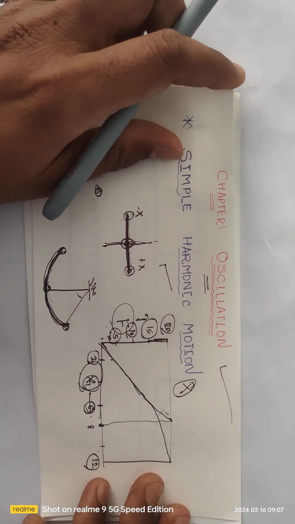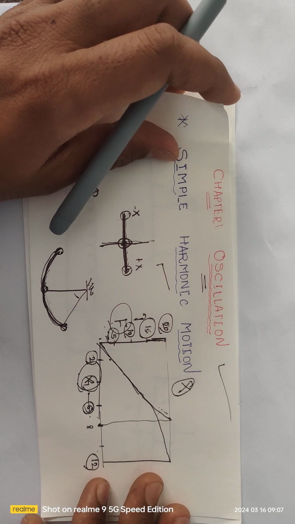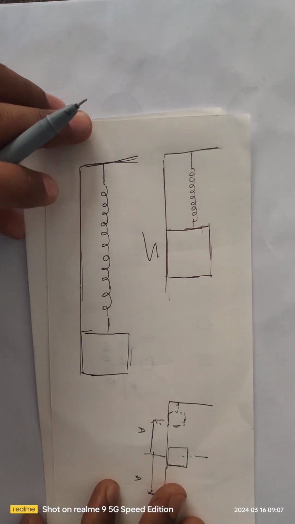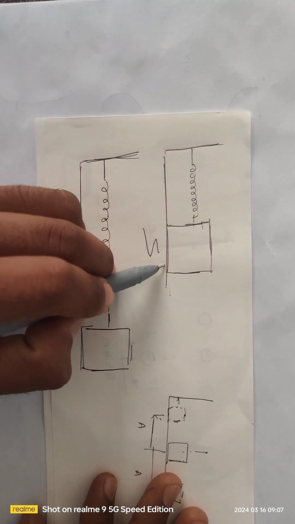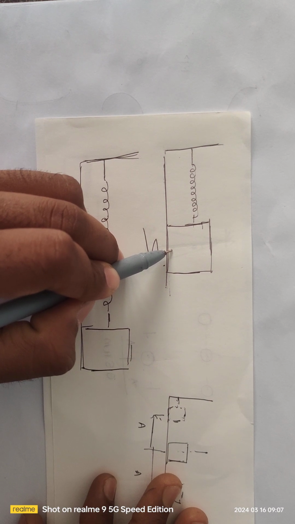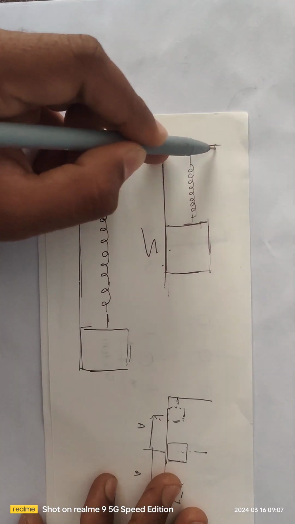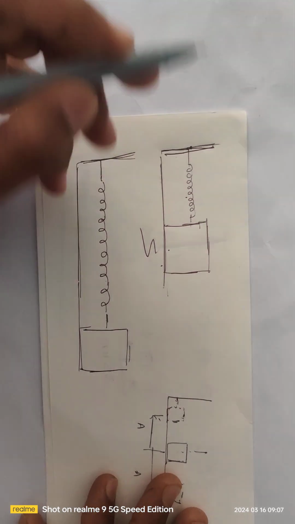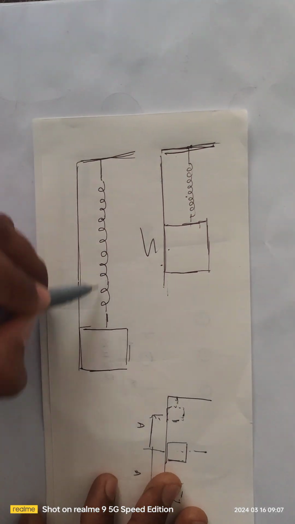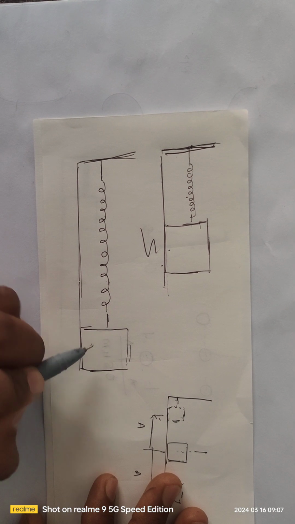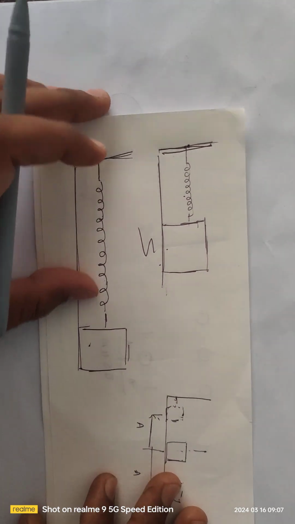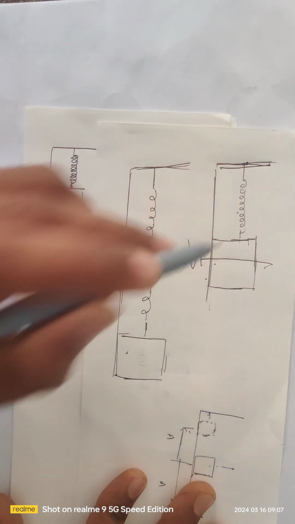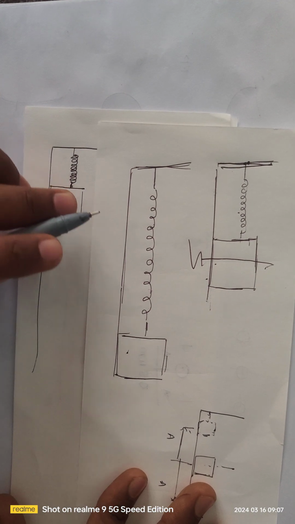There are two kinds of simple harmonic motion. If we take a block connected to a rigid wall by a spring, and I stretch it and release it, the ideal position is called the equilibrium position, which means the position without stretching.